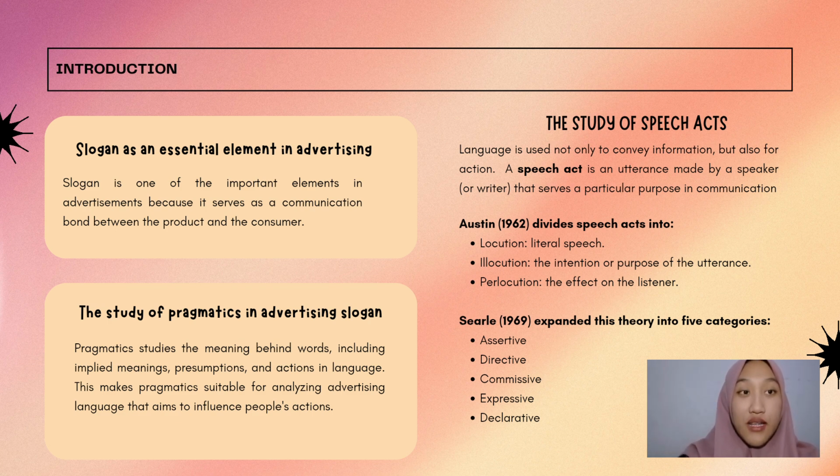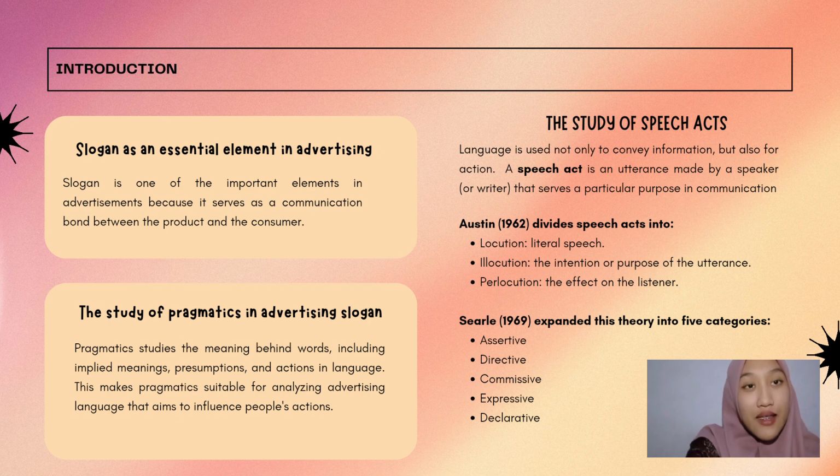One of the important theories in pragmatics is speech act. Speech act was first introduced by Austin. He divided speech act into three: locution, which means literal speech; illocution, the intention or purpose of the utterance; perlocution, the effect on the listener.